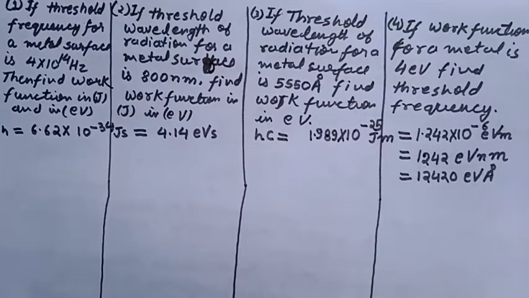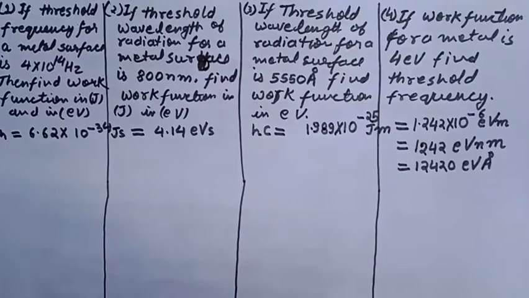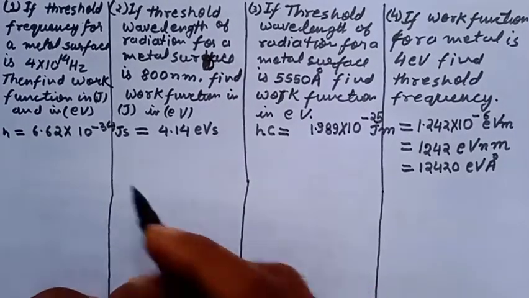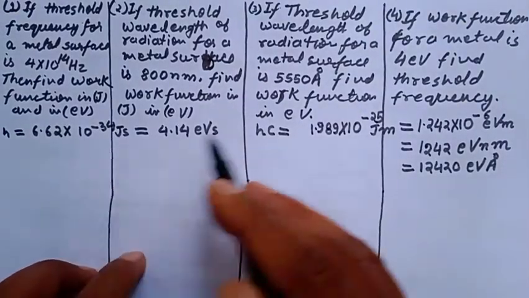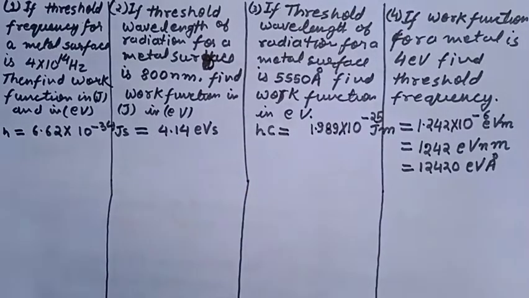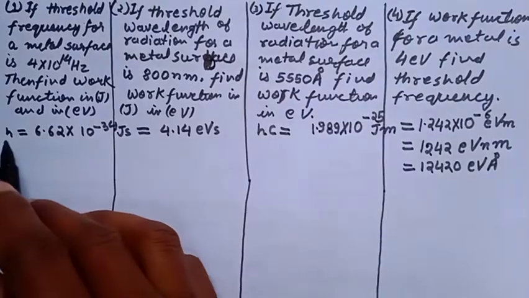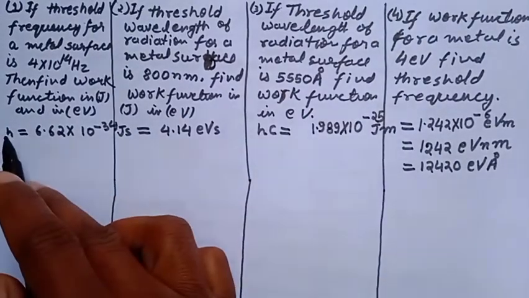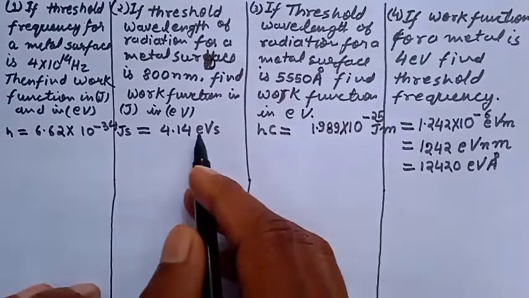So there are four numericals, and you can see we know the value of h, we know the value of c, but here I have written h in two different ways because sometimes in the exam it comes this way. They can give the value h upon e, in the denominator.